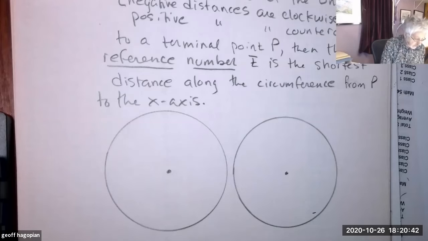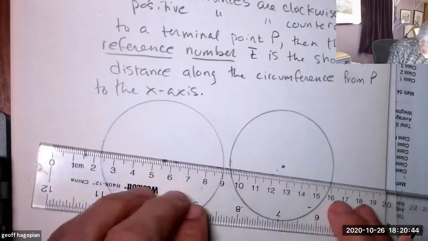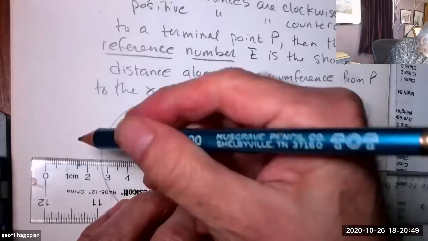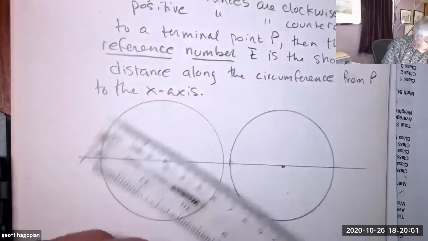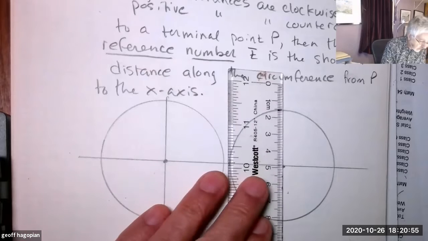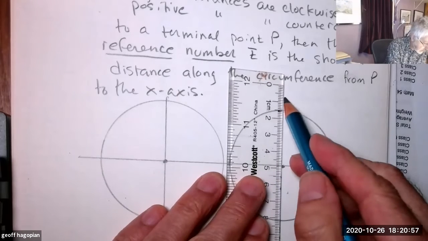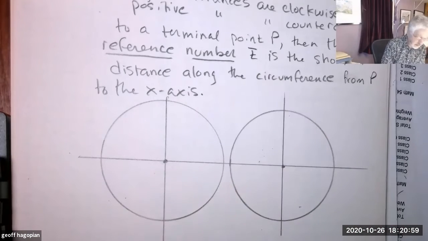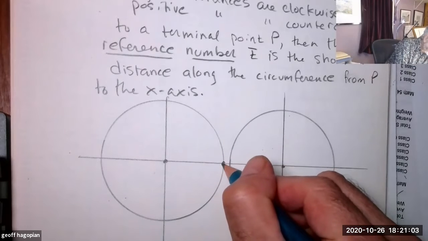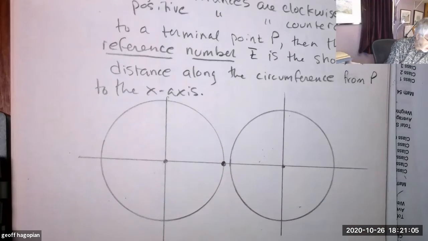Okay, and should we have an x-axis? Sure, I think we can use the same line for both of them. And a y-axis here and a y-axis here. So this is the starting point. I never said from where, did I?